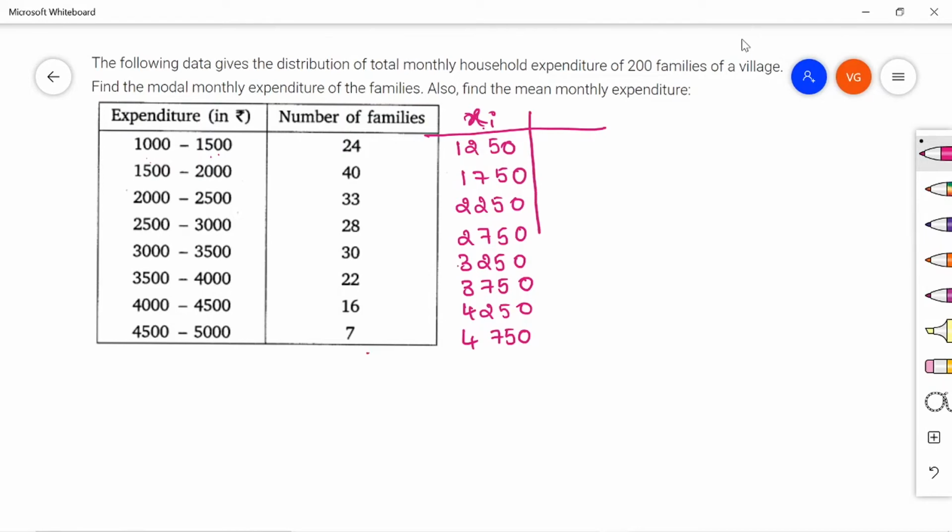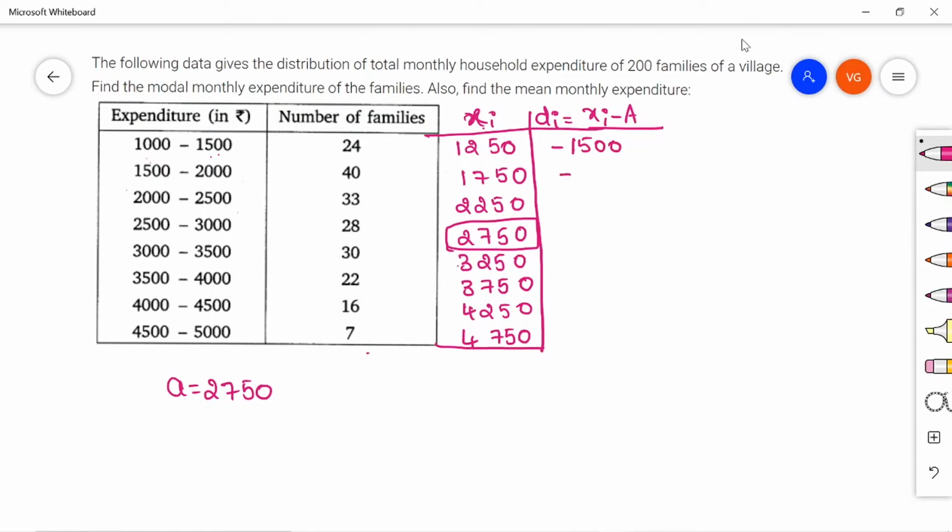Now calculate the deviation. To calculate the deviation, we have to assume the mean. So out of this I am selecting 2750 as the assumed mean A. So I am taking A is equal to 2750. So the deviation di is equal to xi minus A. So 1250 minus 2750 will be minus 1500 here.